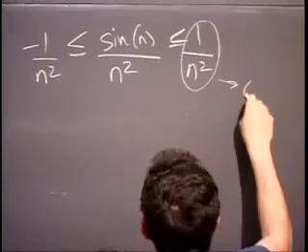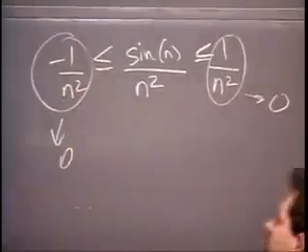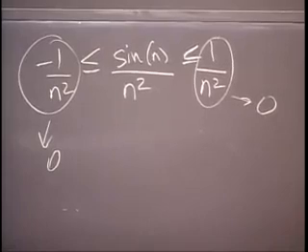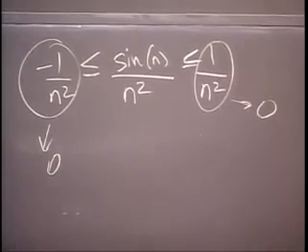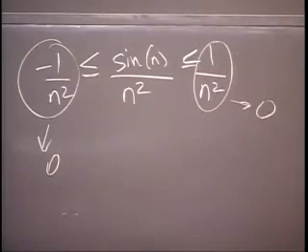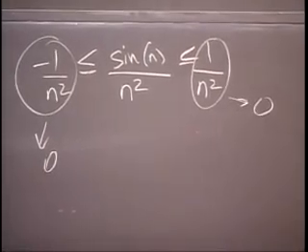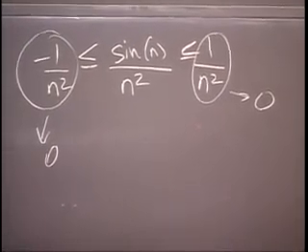And then as a sequence, you can easily see that this goes to 0 and that this goes to 0 because the functions 1 over x squared and minus 1 over x squared go to 0. Or even more basically by just saying, look, when n is really large, whether or not it's an integer, 1 over n squared is really small, close to 0. And then you would invoke the sandwich principle directly on this. So it's not very exciting, but it's nice to know that it works.